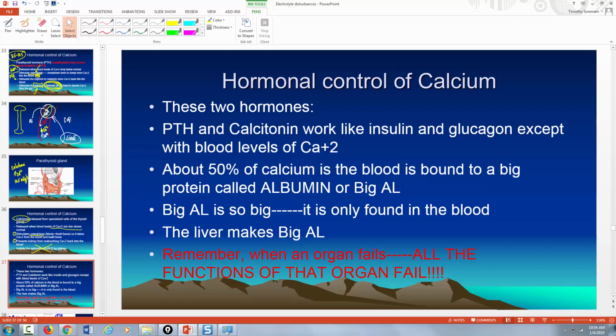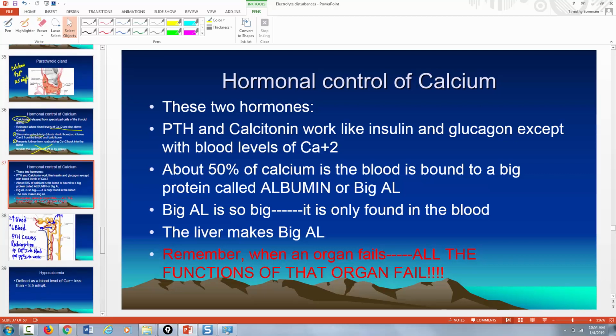And I just said this to you: remember, when an organ fails, all the functions of that organ fail. So if a person goes into liver failure, they can't make albumin, so the amount of albumin is going to decrease, and therefore the amount of calcium available in the blood is going to decrease. So people in liver failure develop hypocalcemia, low levels of calcium. All right?